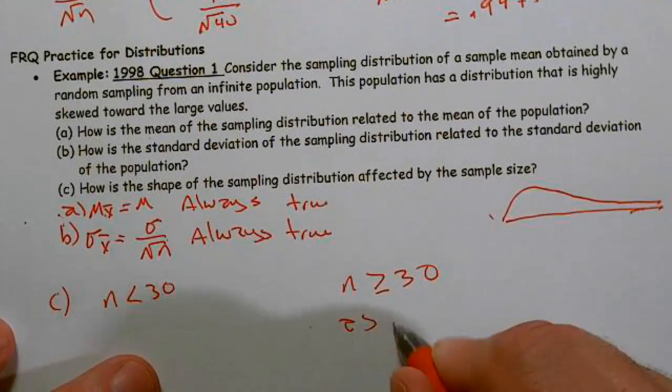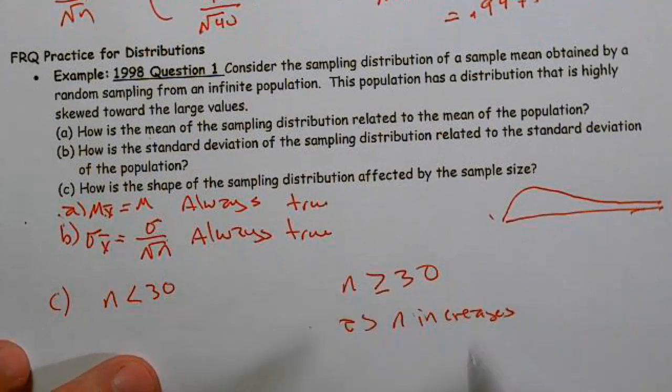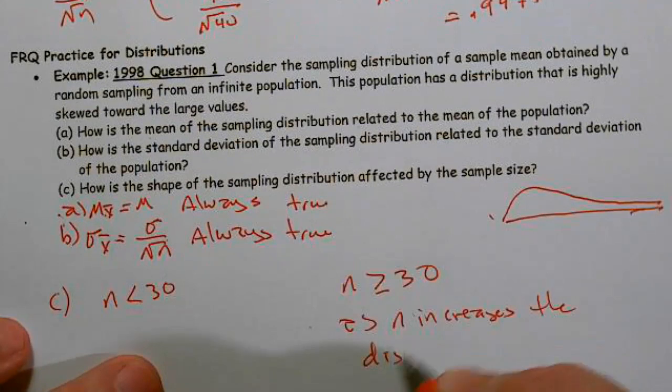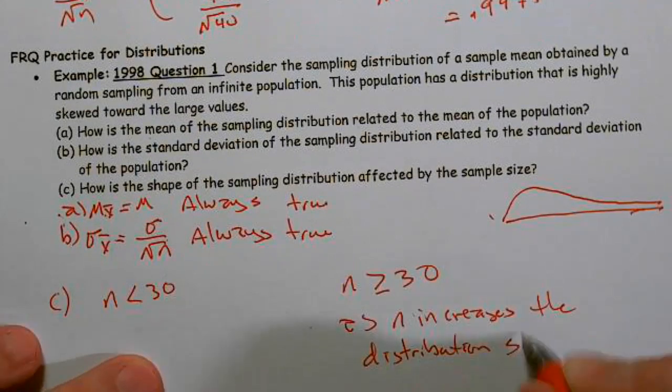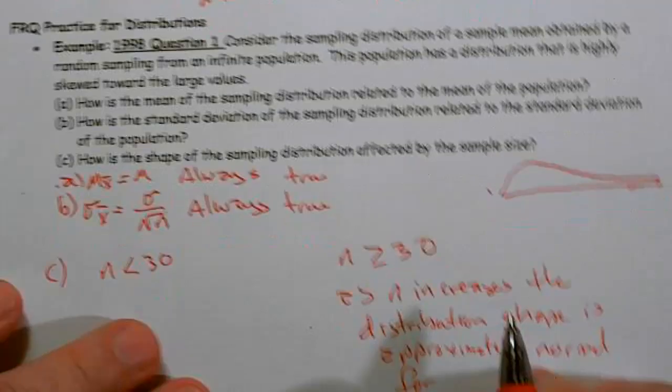As n increases, the distribution shape is approximately normal for sample sizes greater than 30.